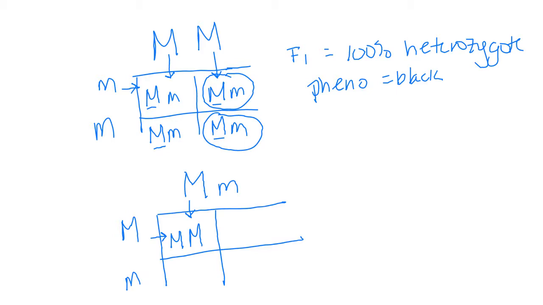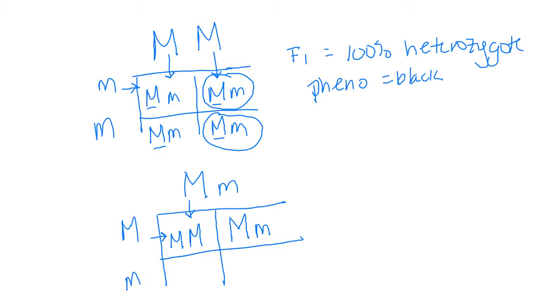Okay, now if we go to the top right, gets a big M from the parent on the left and a little m from the parent on the top. So this individual is a heterozygote. That is their genotype. They have two different alleles, two different genes here. And their phenotype, what they look like, is black.